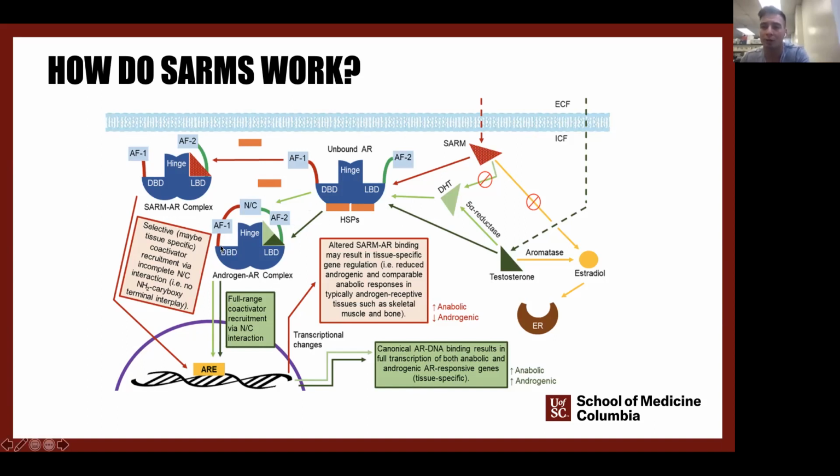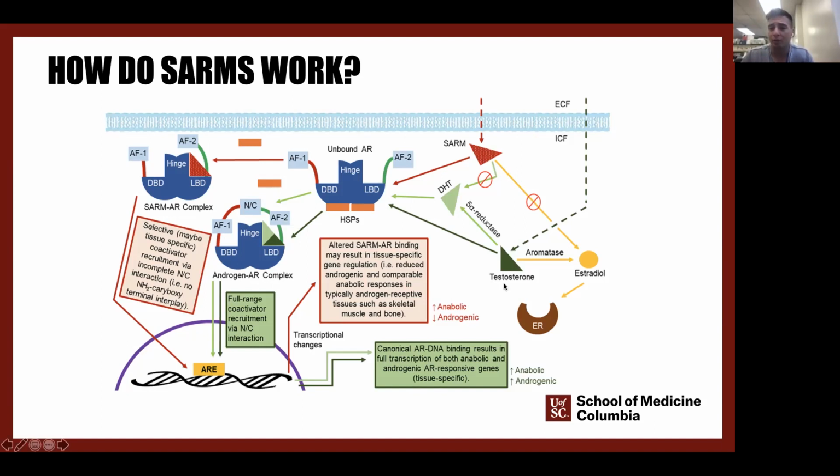Structure and conformational change in these proteins, i.e. the androgen receptor, is what dictates function. How these proteins are folded helps dictate how they function, and that regulates affinity.